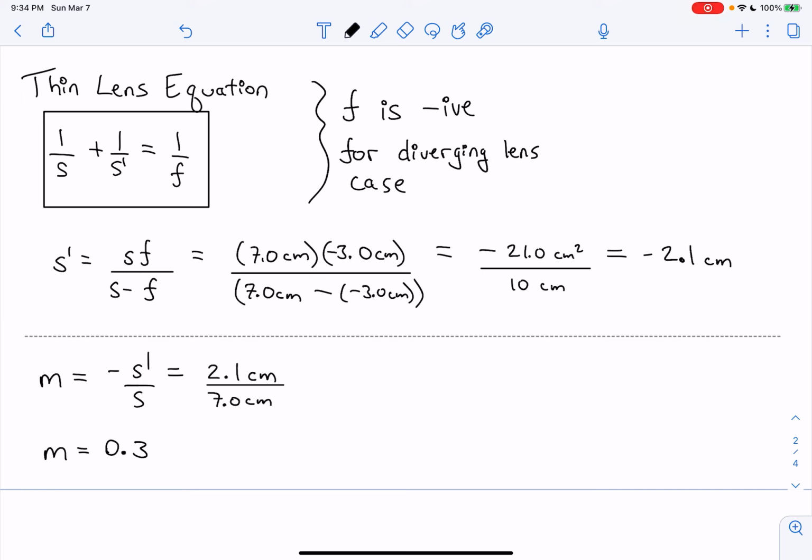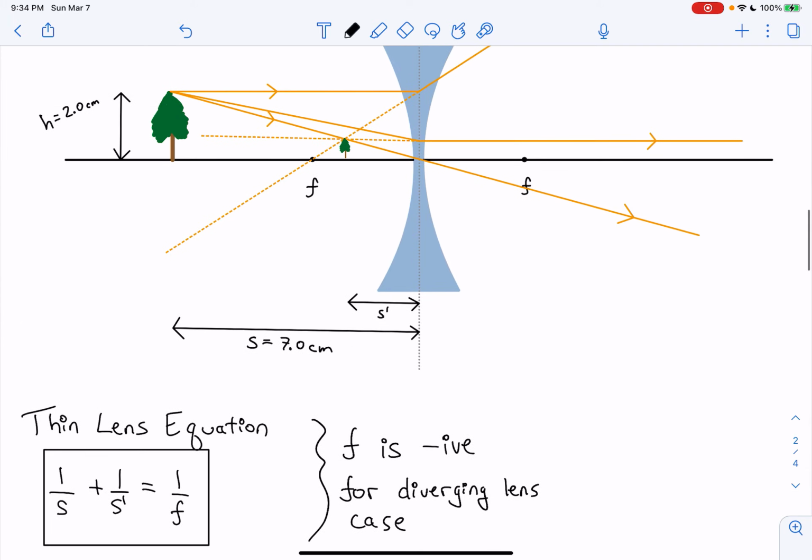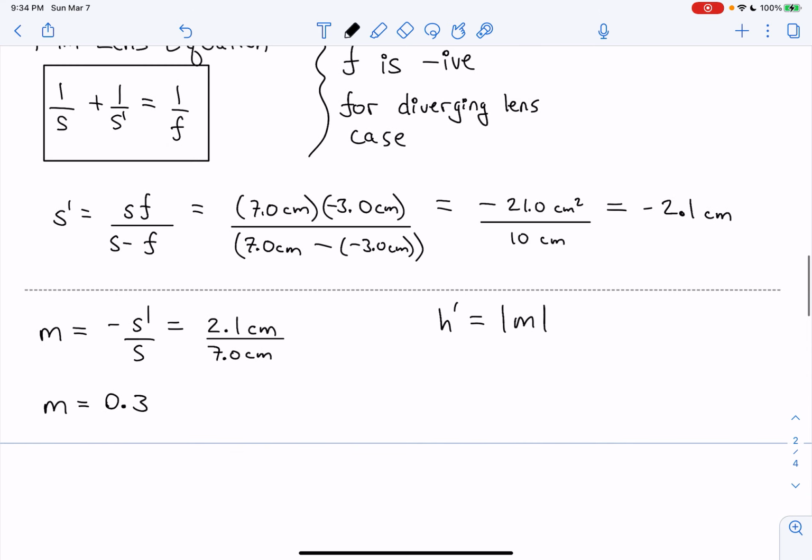Okay. So then I'm going to do h prime because I want to know the height. And that's the absolute value of my m value, which is positive in this case because we have an upright image, and the original height. So 0.3 times the original height, which was 2 centimeters.